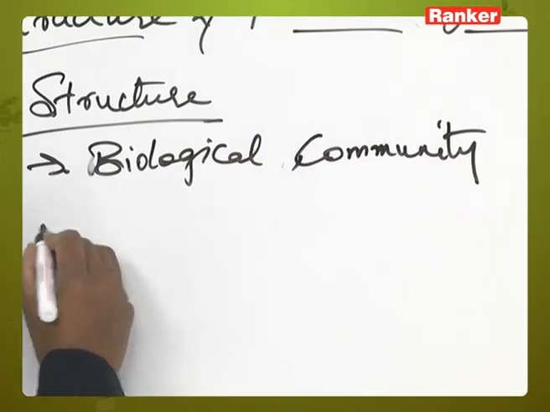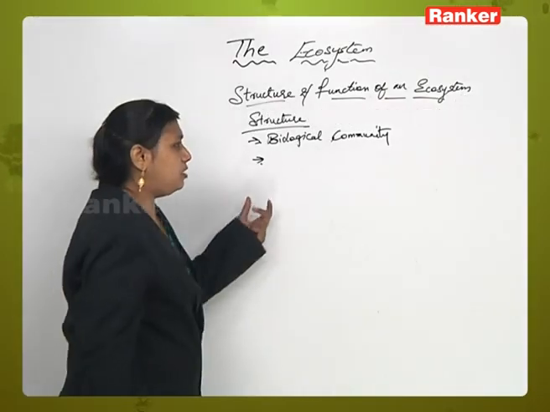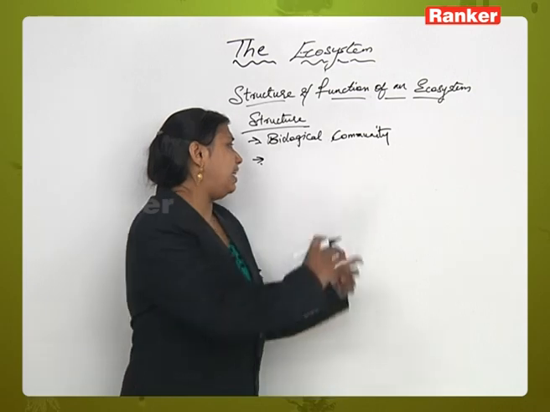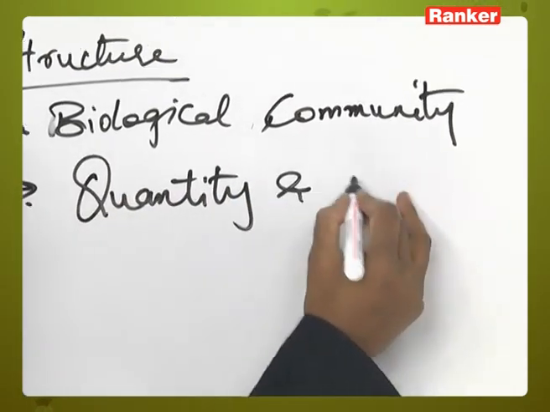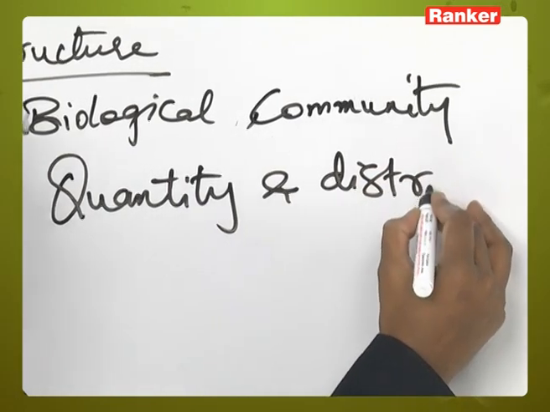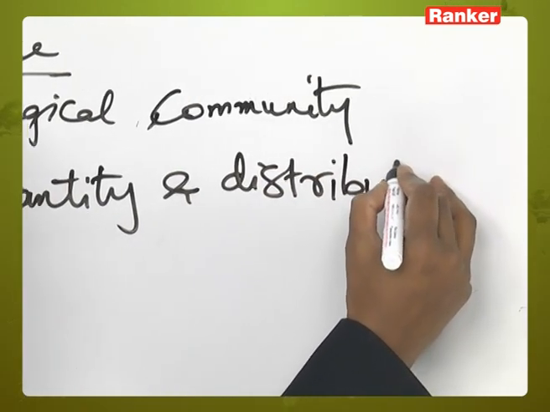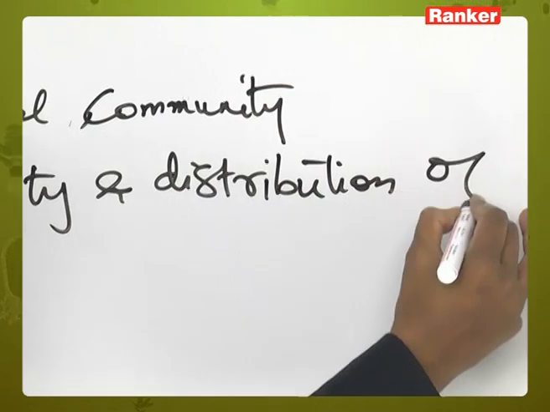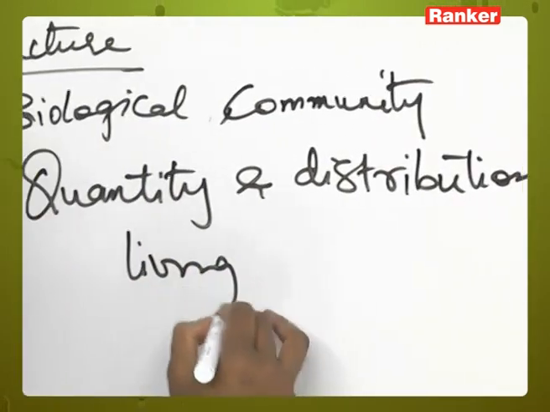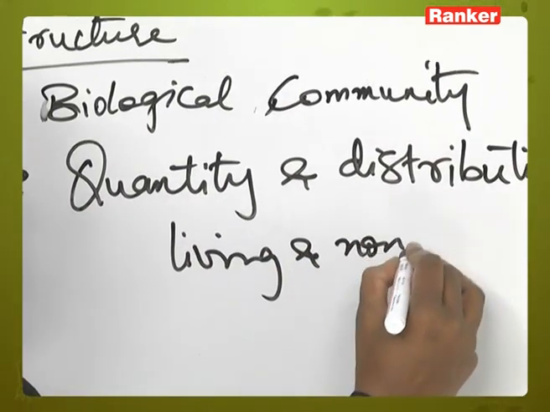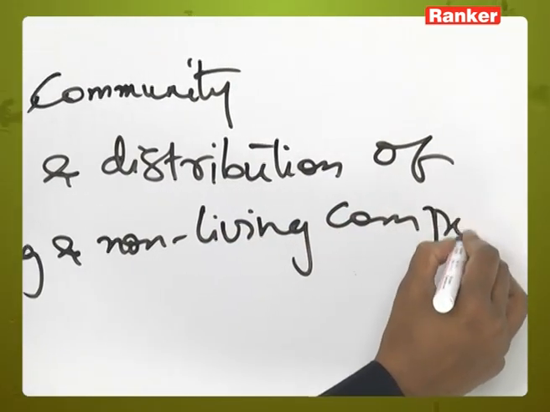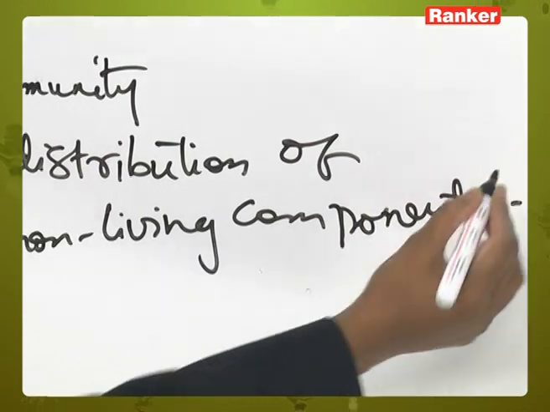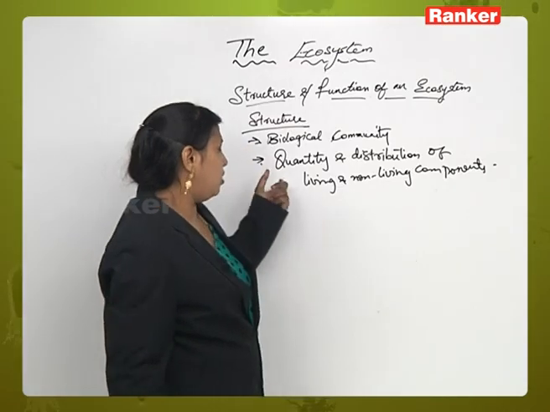Next point you will see is the quantity and the distribution of living and non-living components. What does it mean?